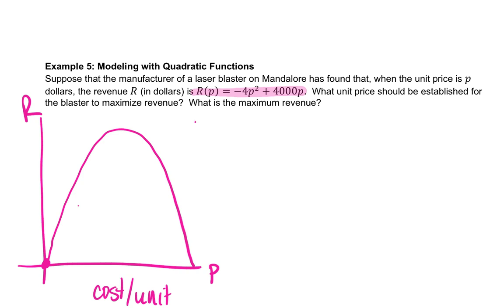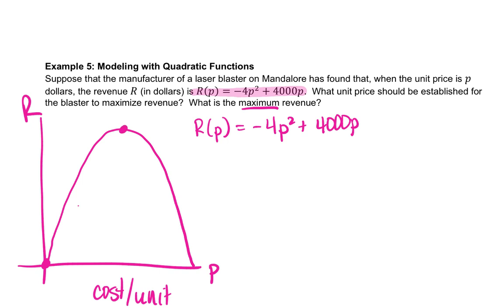We'll take your function, R of P equals negative 4P squared plus 4,000P. And what we want to know, if they're talking maximum revenue, that represents your vertex, because this graph is a parabola, and at the tippy top of your parabola is going to be your maximum revenue, right?